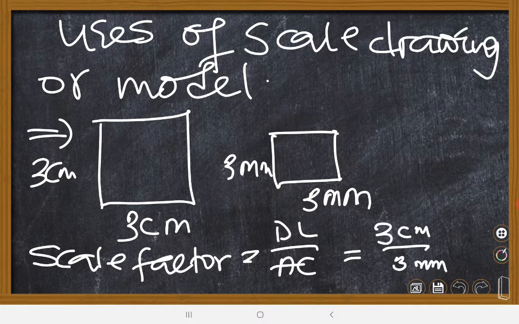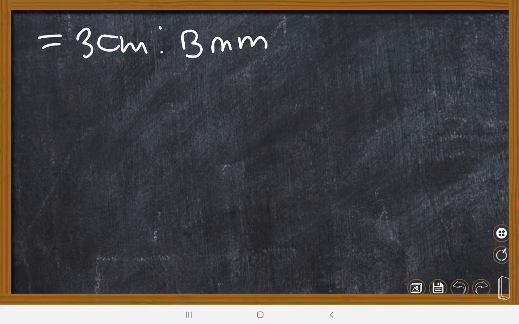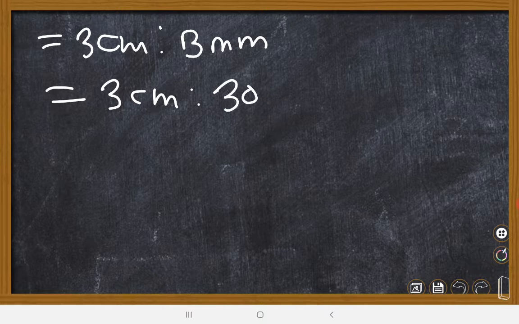Okay, so this is a ratio of different units. We can convert it. You know that 10 millimeter makes 1 centimeter, so 3 millimeter is 0.3 centimeter. So the ratio is 3 centimeter to 0.3 centimeter.